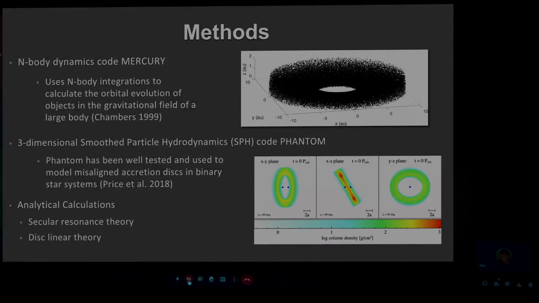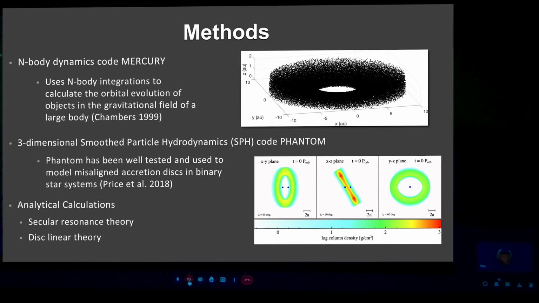And so my work during my PhD dealt with using N-body dynamics like Mercury. So you can set up an asteroid belt here and look at the evolution of these particles. But to model these circumbinary disks, I use a smoothed particle hydrodynamics code called Phantom. So this is a snapshot.